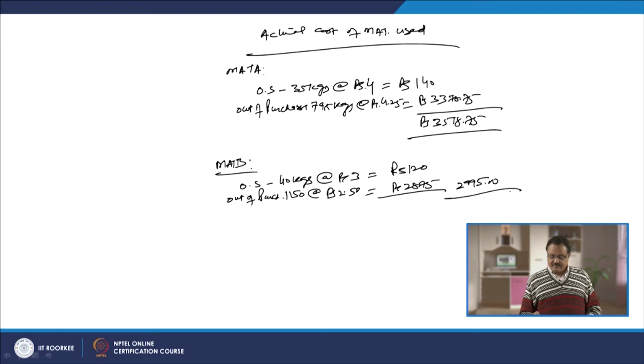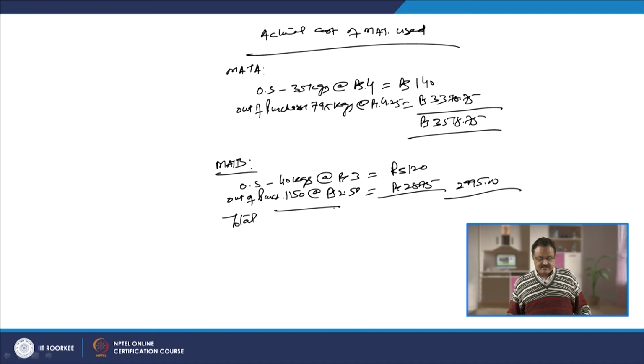So you can find out the total material we have used here. If you calculate the material, it is 1190 kgs, and this works out as 1035 and 795.